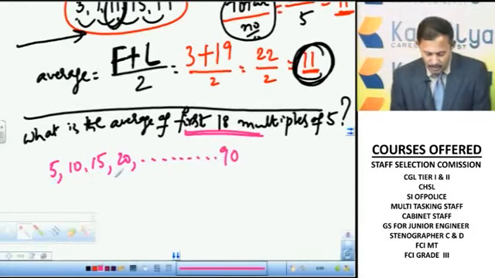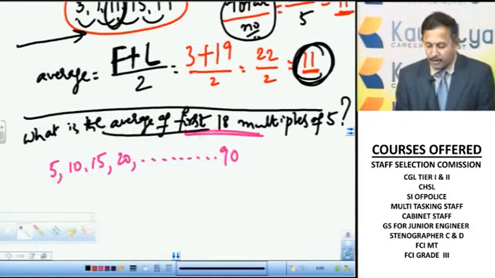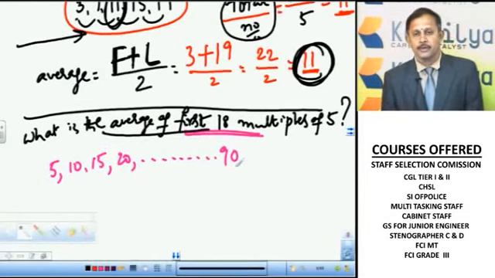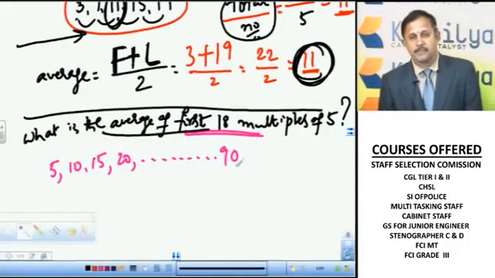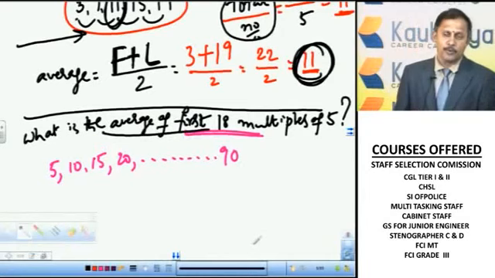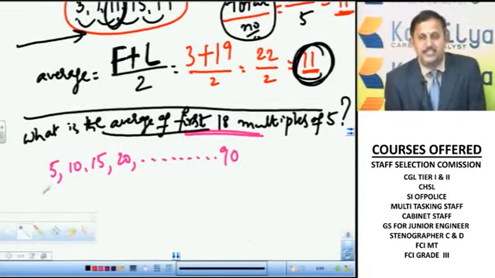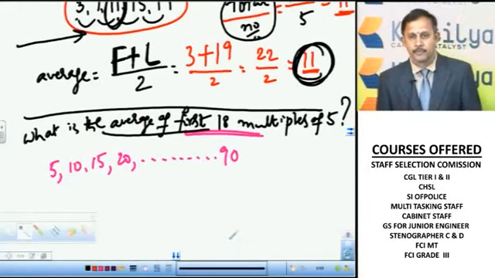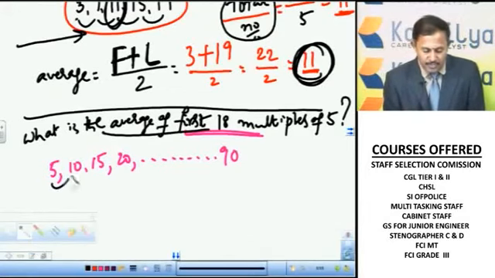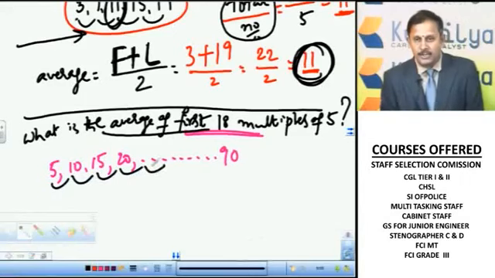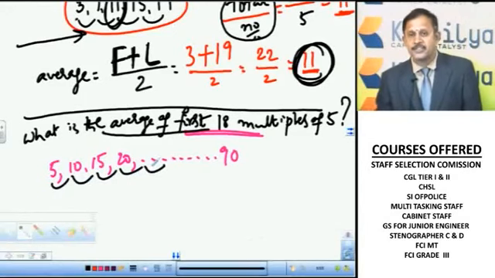And here we are interested in finding the average of these elements. What is our general formula for average? We have to take the total of all these elements by number of elements. But in this case it is not necessary to get the total, because all these elements differ by 5. The difference between successive elements is 5.